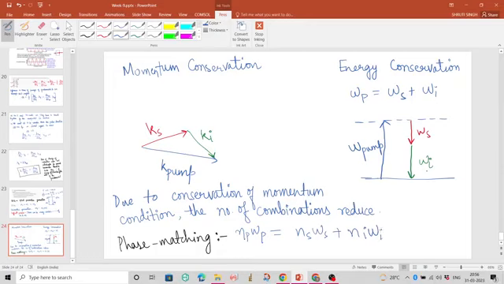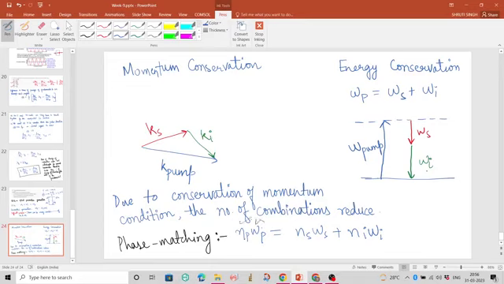So how do we choose which combination of omega s and omega i will come? This is chosen by changing the refractive indices, ns and ni. If we fix ns and ni, then there is only one pair of omega s and omega i which will satisfy this condition, right?